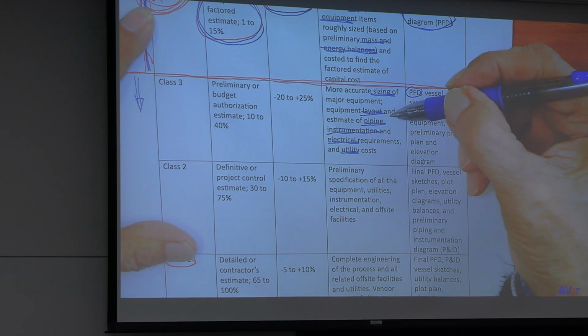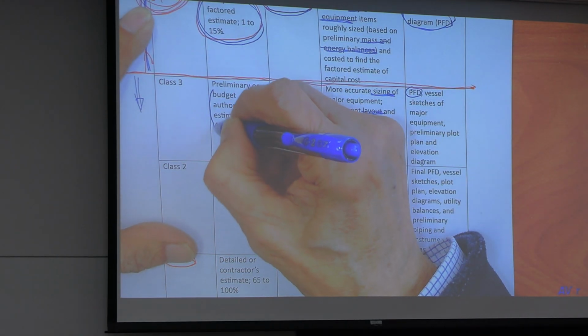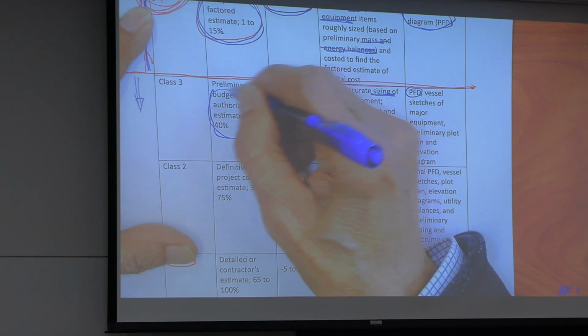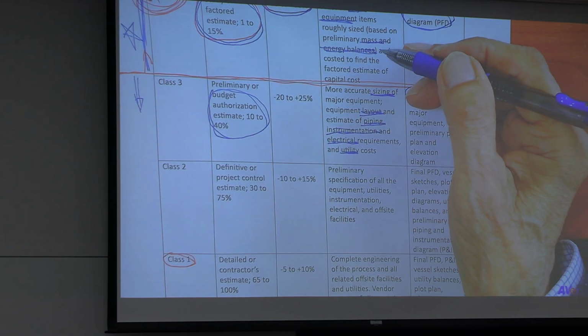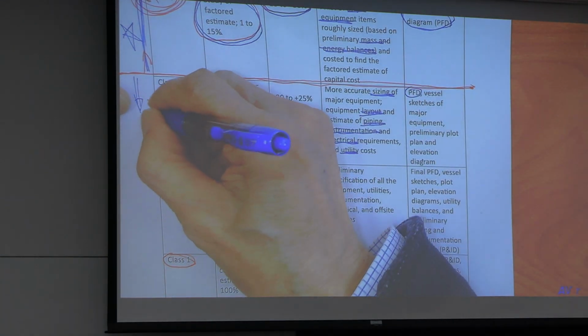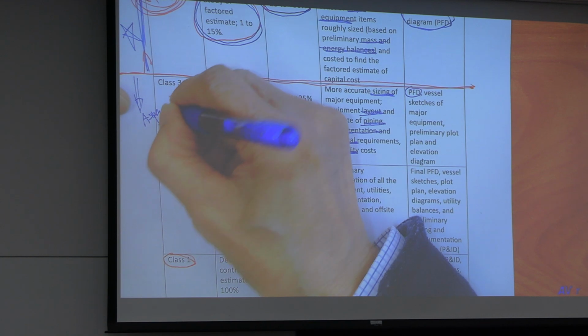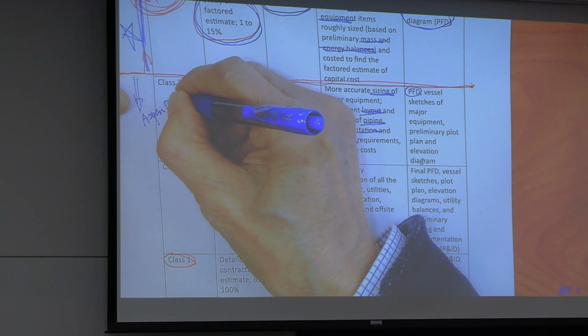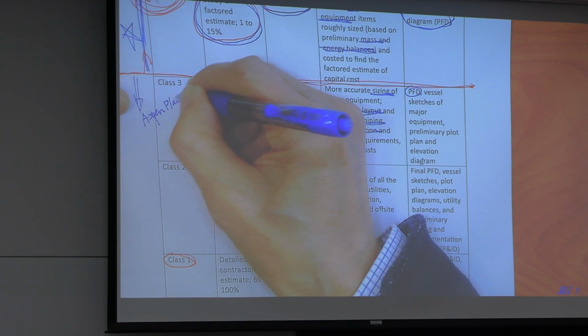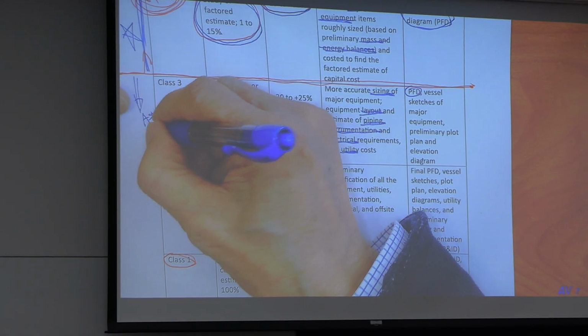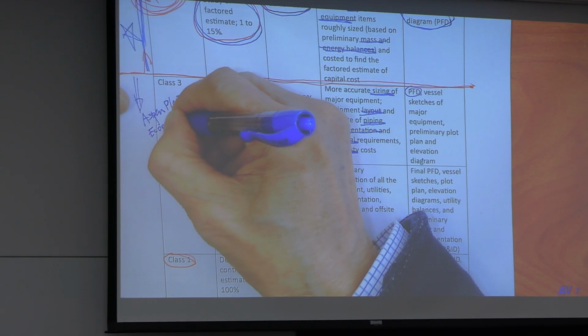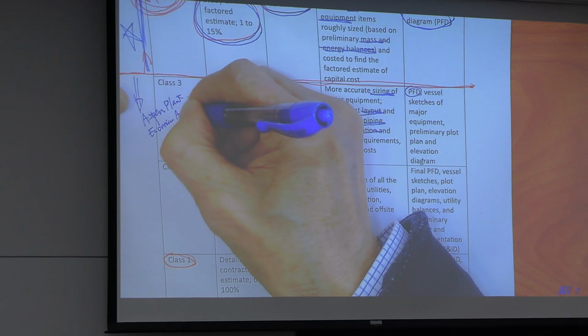This is called budget authorization estimate. This is called Aspen Process Economic Analyzer.